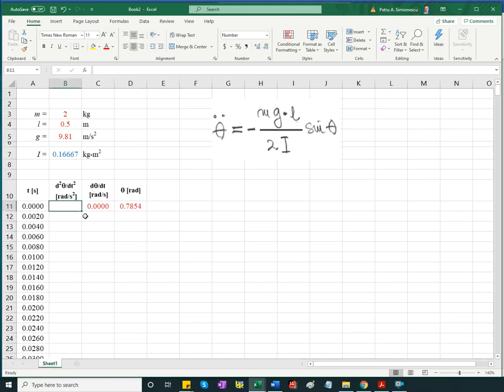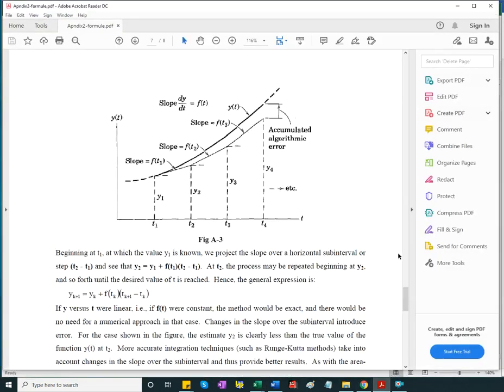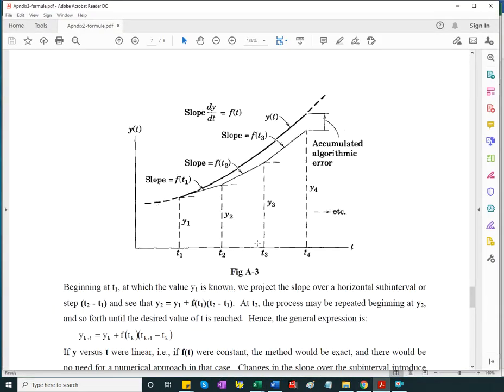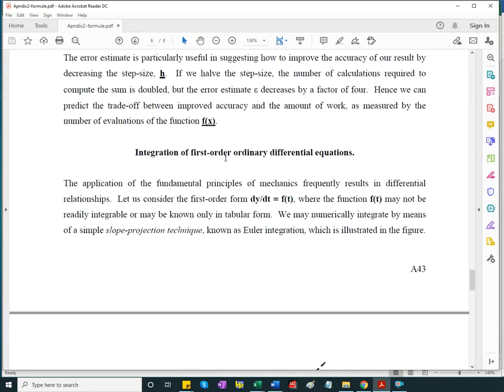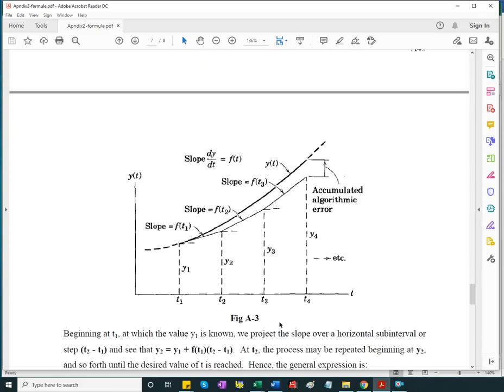Okay, so this is the column for, again, we're doing Euler integration, and if you go to the appendix of useful formulae, integration of first order ordinary differential equations, ours is second order, so we need to do it twice.